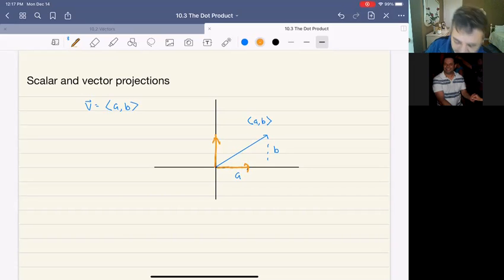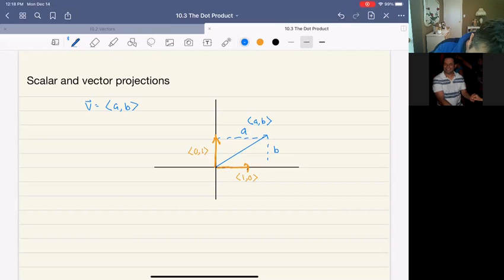Okay, so this here, the way I've drawn it, B is 1. Okay. So now, what's going on here?